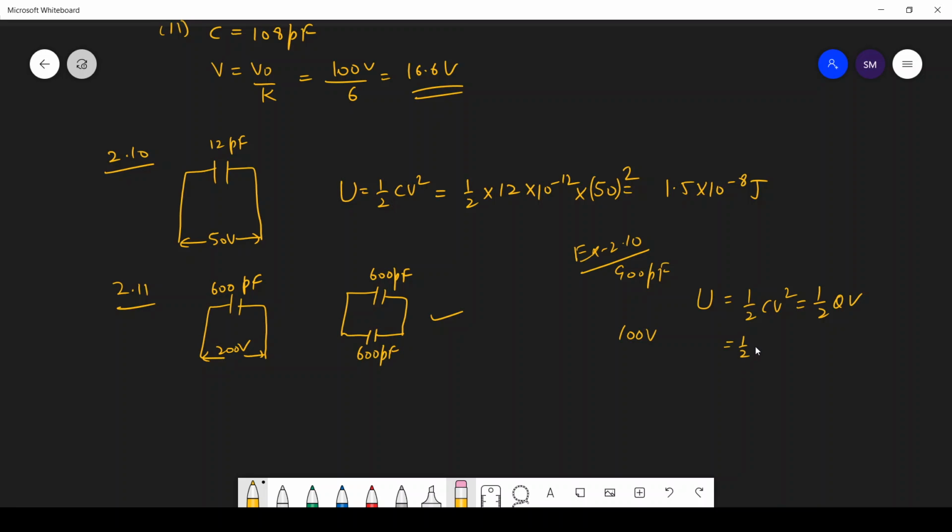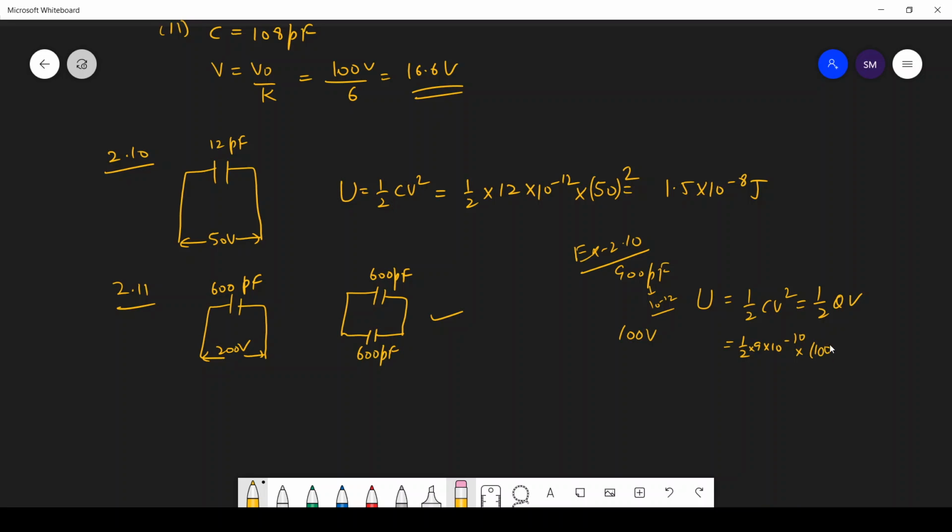1/2 into 9 into 10 raised to power minus 10, because this is pico, so 10 raised to power minus 12, and 900 gives 9 into 10 raised to power minus 10, into V square.